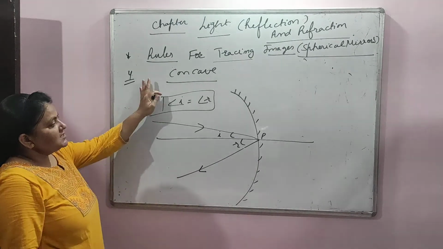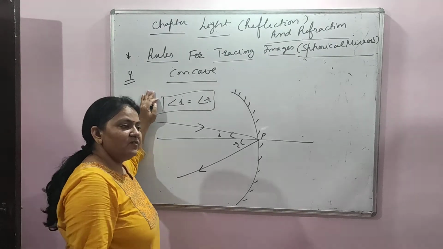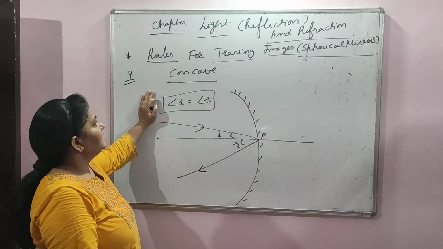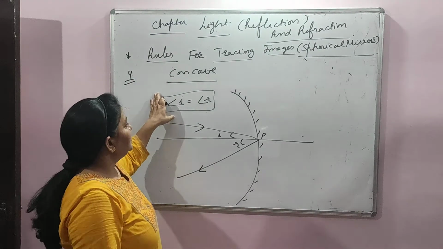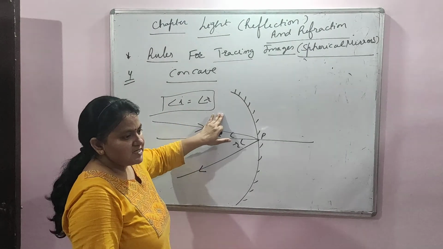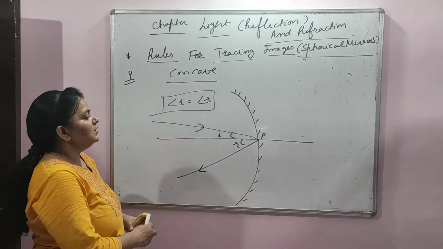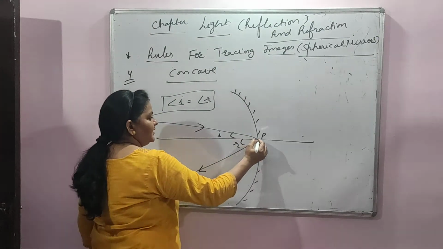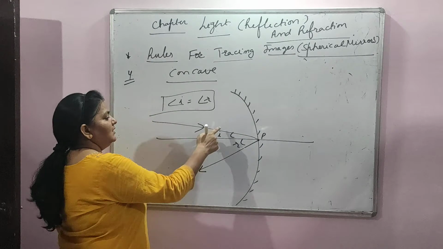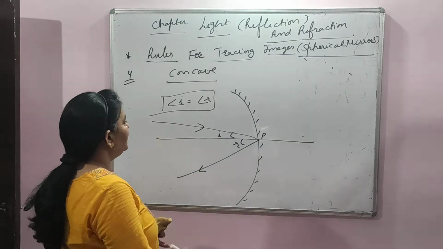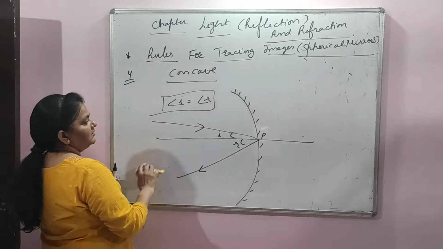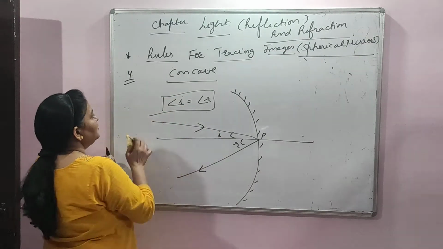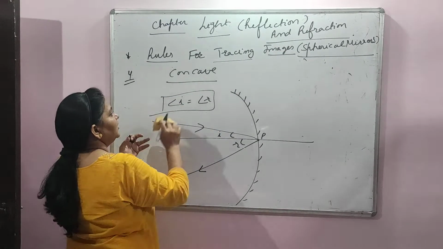Students, these basic laws of reflection are applicable to each and every rule. But here obliquely striking we are mentioning, that's why angle I equals angle R. You can easily find out here measurement of angle I and angle R. The same rule will go for a convex mirror.